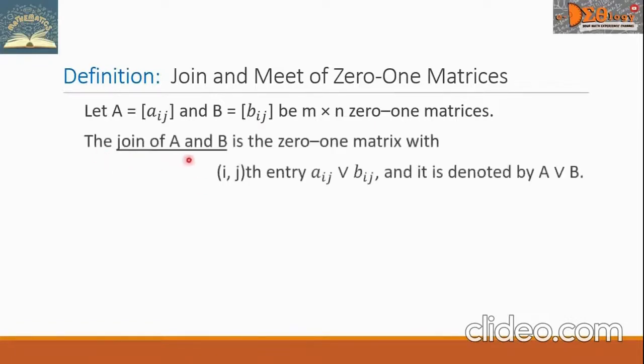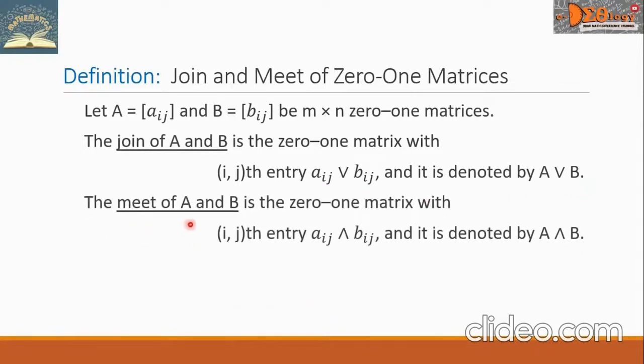The join of A and B is the 0, 1 matrix with ijth entry a sub ij or b sub ij, and it is denoted by A or B. The meet of A and B is the 0, 1 matrix with ijth entry a sub ij and b sub ij, and it is denoted by A and B.